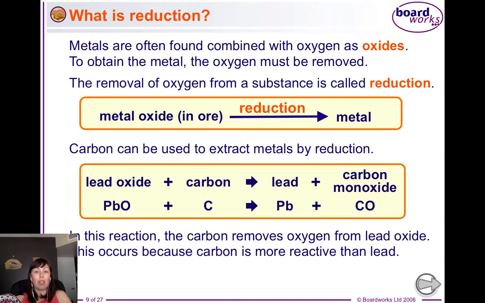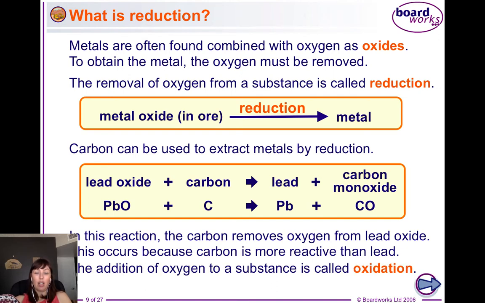So this occurs because carbon is more reactive than lead. And that's what it all comes back to, because remember, in these chemical reactions, whichever one of them is more reactive is the one that's going to take oxygen, or the one that's going to cause a switch during that reaction. Okay, so because carbon is more reactive than lead, carbon takes that oxygen, leaving lead in its pure form.